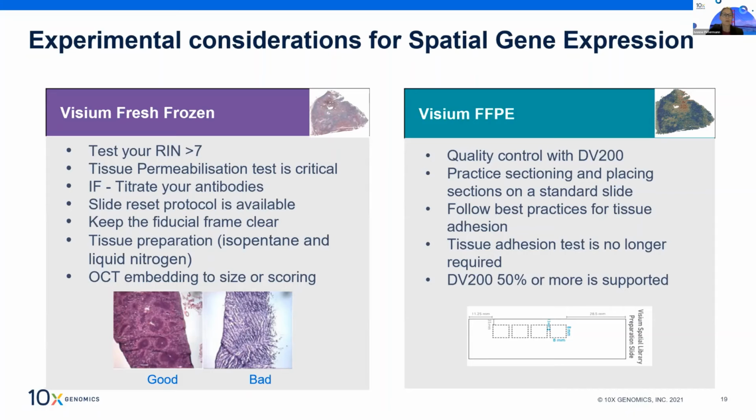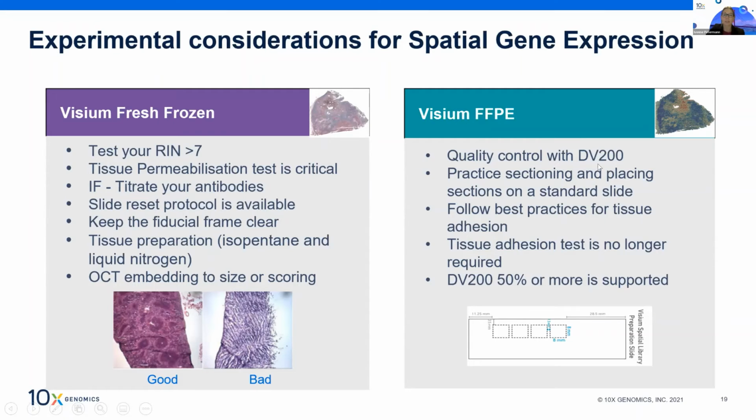But very important is to assess RNA quality within these sections, and it's done with the RIN value on fresh frozen. And for FFPE, we found that the DV200 value is a lot more predictive of the outcome of this assay than RIN.